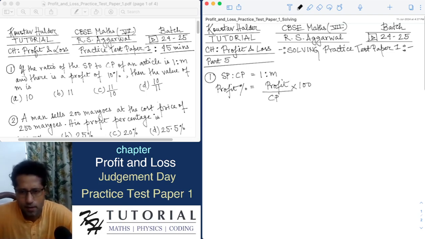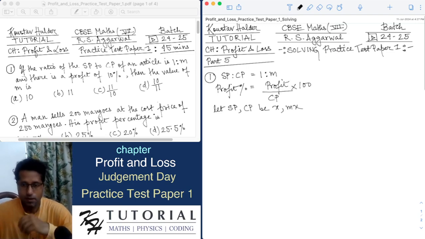Okay, so from the given ratio of selling price to cost price, we can let SP and CP be x and mx. From the chapter of ratio and proportion, you're familiar with this kind of problem.